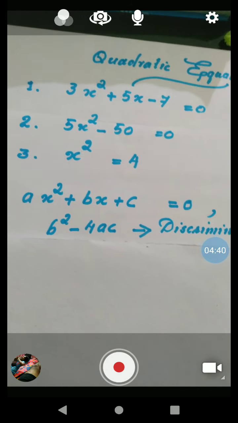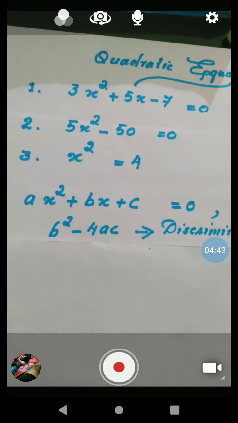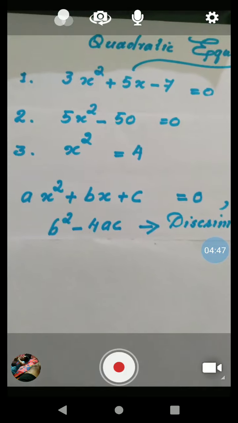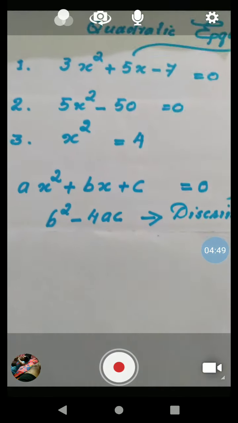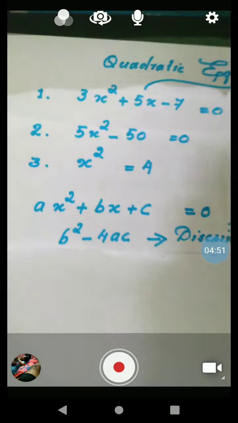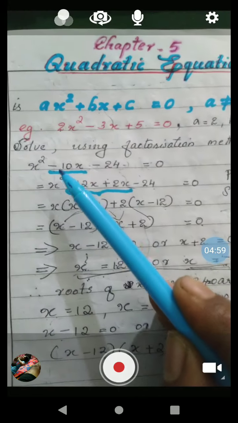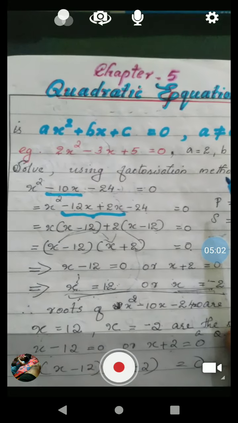Okay. Now we can go to solving a quadratic equation. Okay. Look here. You can see one question here. Solve using factorization method.